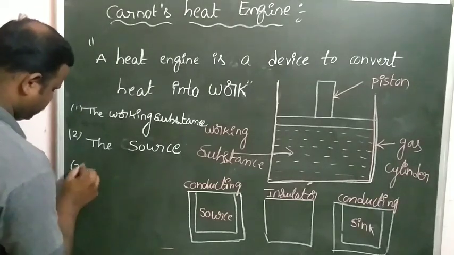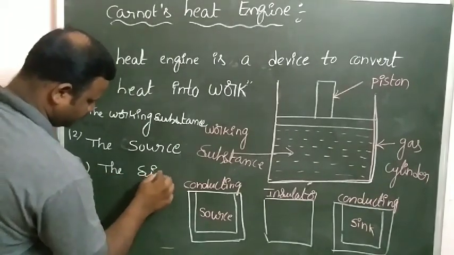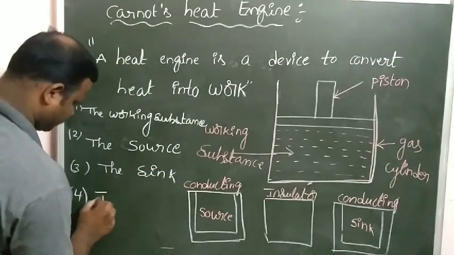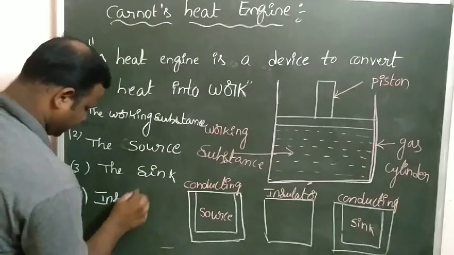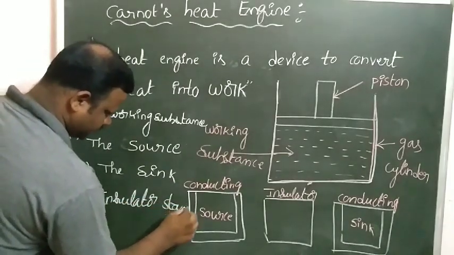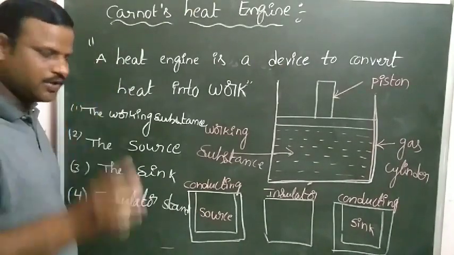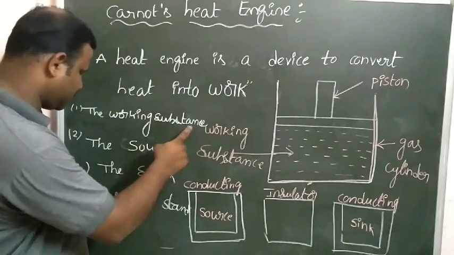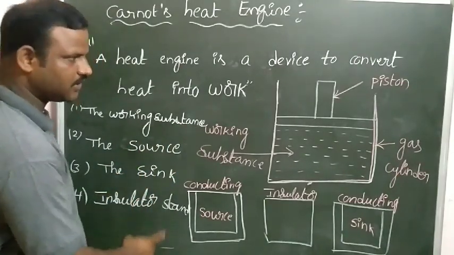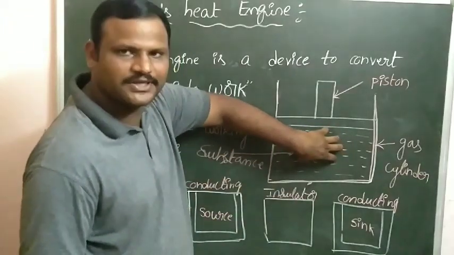Next one, third, the sink. Last one, fourth one, the insulator stand. The Carnot engine consists of the following four parts: the working substance, source, sink, and last one, insulator stand. Okay, this is the inside of the gas.